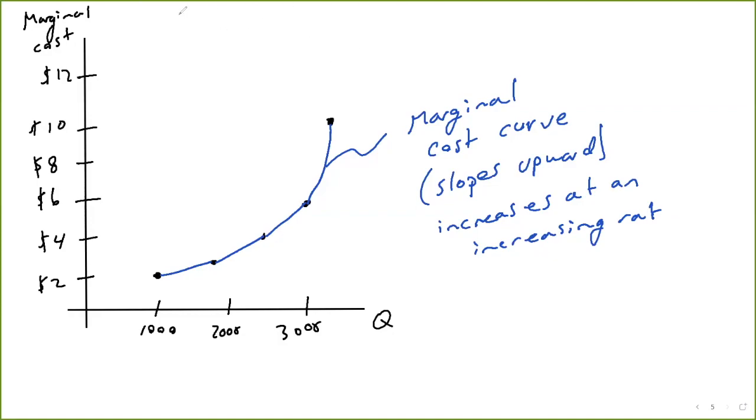Well, the firm wants to maximize profit, and recall that people think on the margin or make decisions on the margin. So let's say you're farming here and you want to make some production decisions, you want to know that the additional unit of output you're producing is going to cover the cost generated by that unit of output. So we know that at 3,000 bushels of wheat, the marginal cost is $10 per bushel.